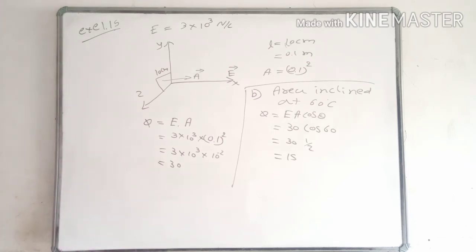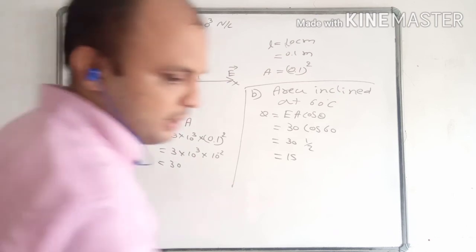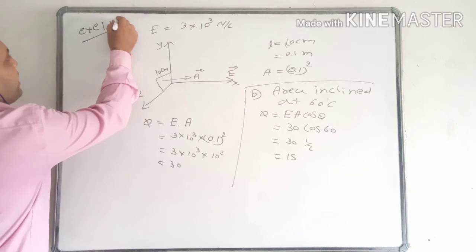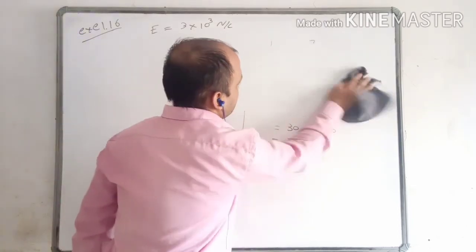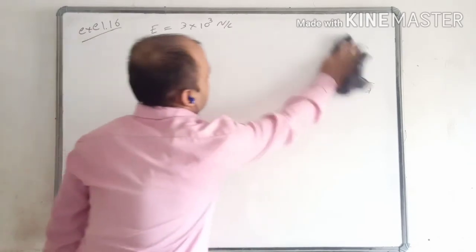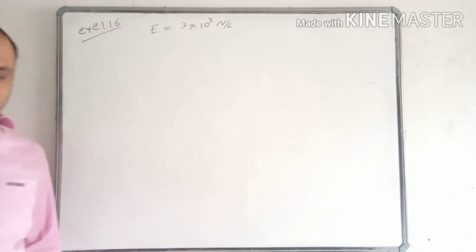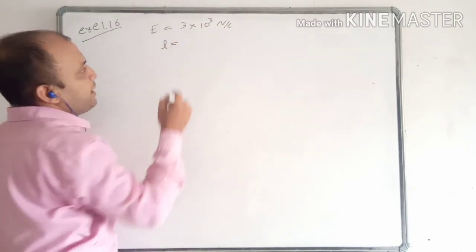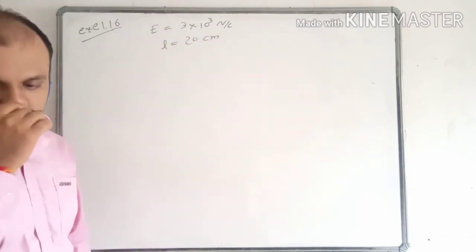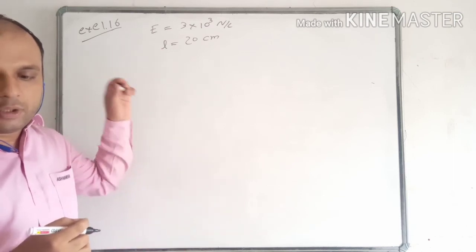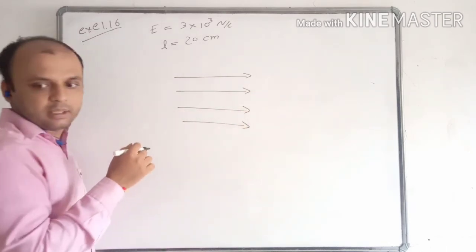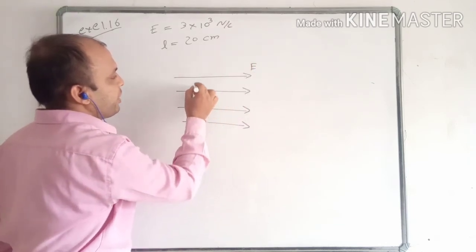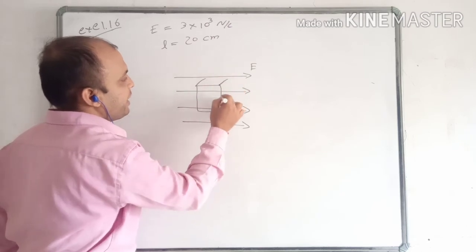In exercise 1.16 they give us that this is related to exercise 1.15. Here, if the length will be 20 instead of 10 centimeter, and we put a cube in the electric field, this is the direction of the electric field, and we put a cube in it having 20 centimeter length.